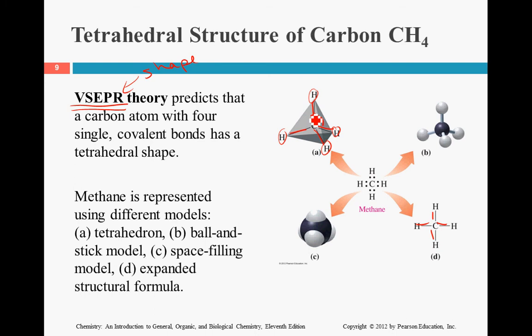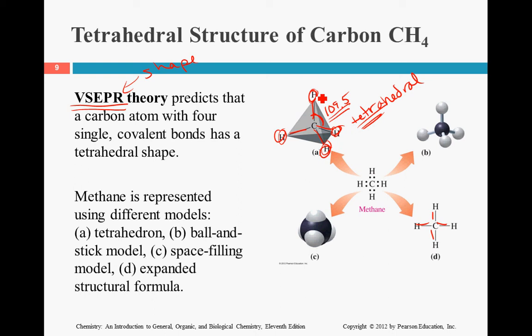That's making an angle of 109.5 to make a tetrahedral. To remember it, tetra, there's 4 atoms coming off of it. And they're spreading out as far as they can, to 109.5 degrees from each other. So this is the tetrahedral.